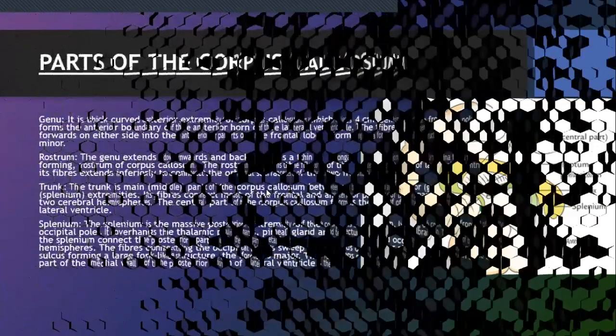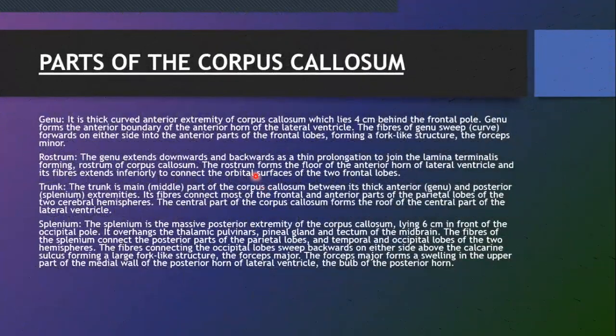Then let's look at each of these parts of the corpus callosum. Now, the genu. It is the thick curved anterior extremity of the corpus callosum, which lies 4 centimeters behind the frontal pole. The genu forms the anterior boundary of the anterior horn of the lateral ventricle.